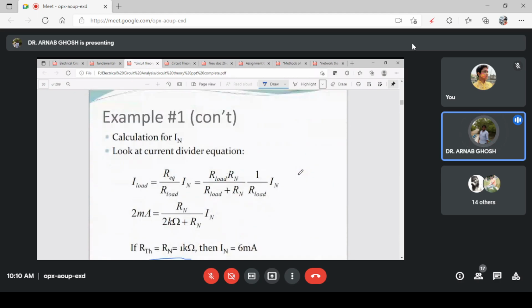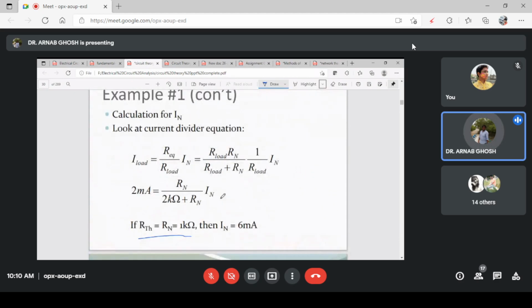Now what we will do? We have said that RTH will be equal to RN, that is 1 kilo ohm. So you can calculate the I load. I load is RN divided by R load plus RN, into IN. You are calculating by using this formula. Then RTH is equal to RN is equal to 1 kilo ohm, and if you just place these values, you are getting IN as 6 milliampere.